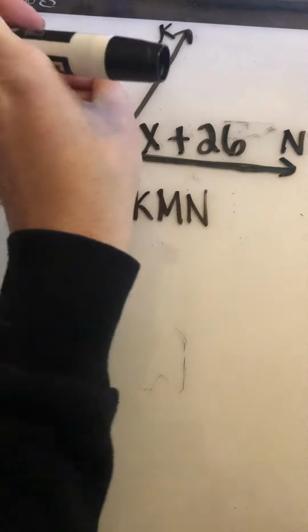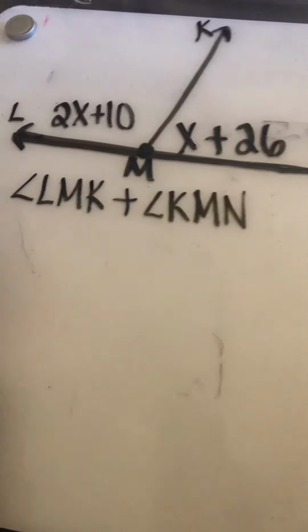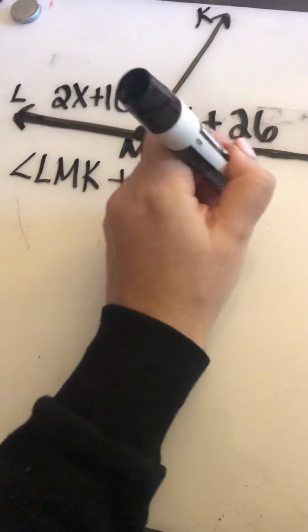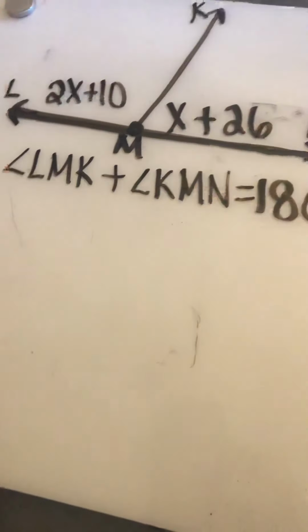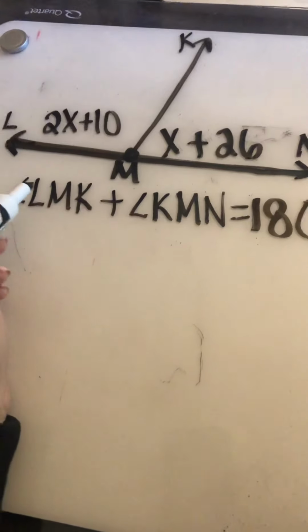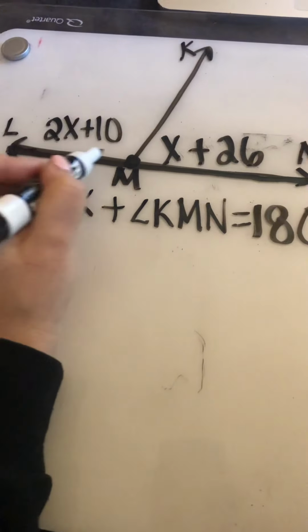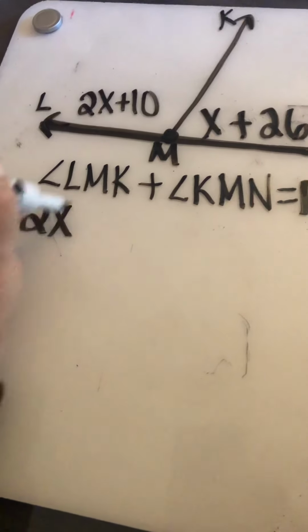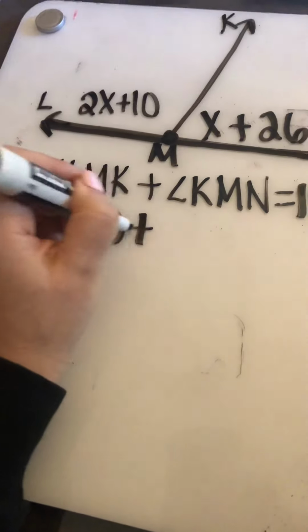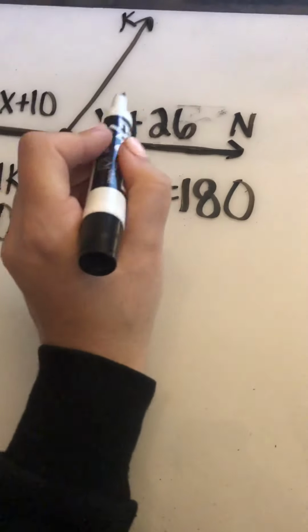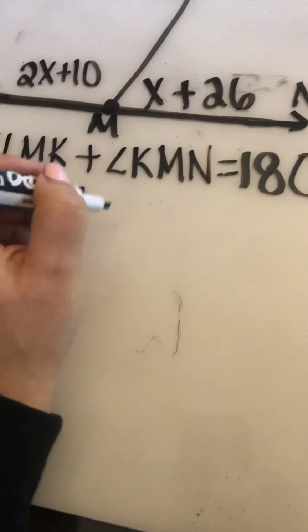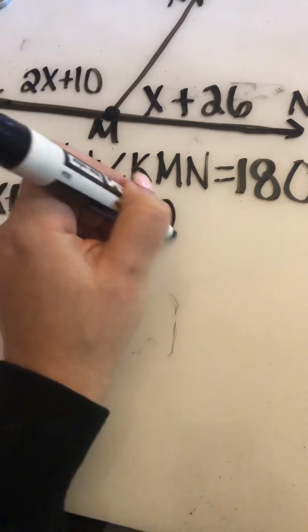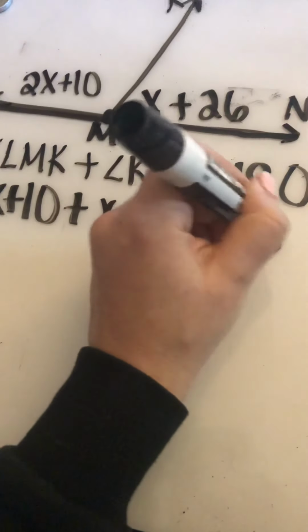Now I'm going to replace LMK with the value that's in the angles. So we're going to write 2x plus 10 instead, plus KMN is x plus 26. So plus x plus 26 equals 180.